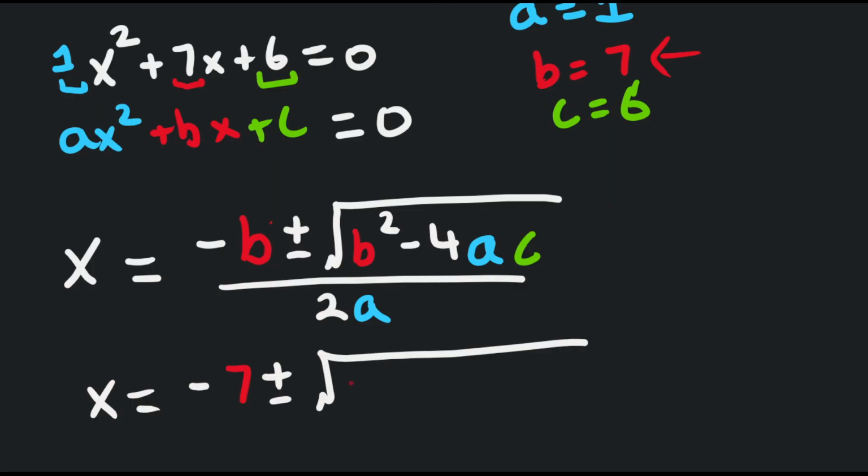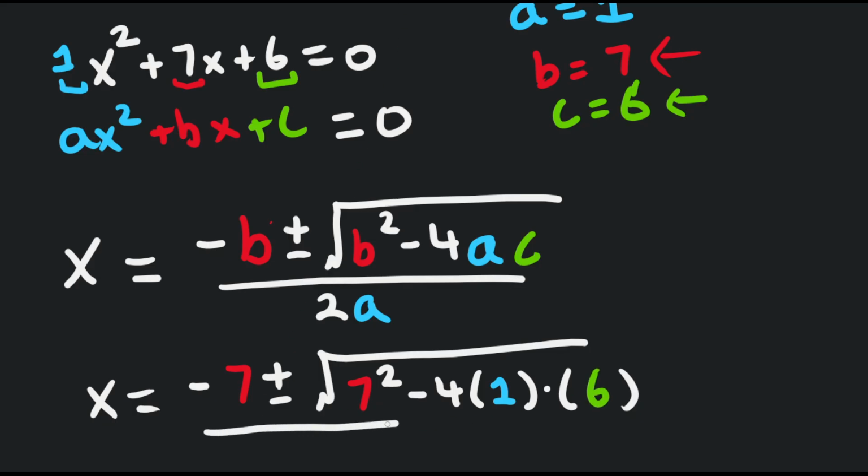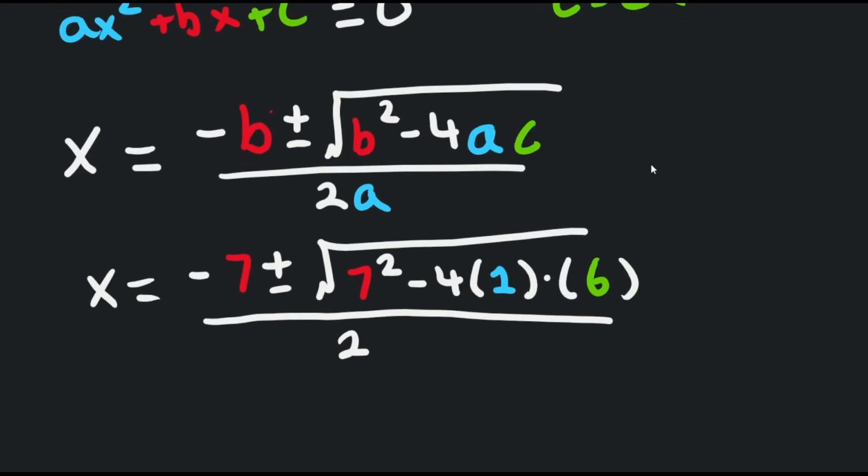Our b is 7, so 7 squared, minus 4 times, and what's our a? Our a is 1, times c. And what is our c? That is the 6 right here. And this is all over, so this is all divided by 2 times a. So 2 times a, and our a is 1, as we said up here. Our a is 1. So 2 times 1.